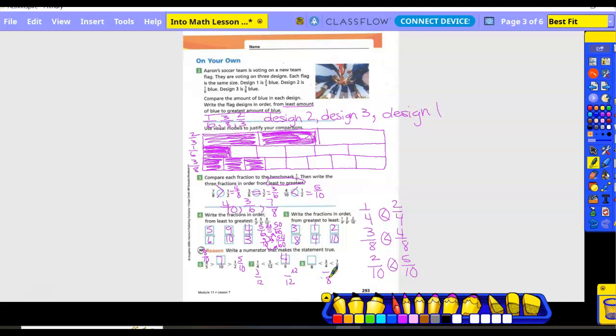So 3 times 2 is 6. Okay, so it has to be less than 6/8. So what can I put? I could do 1, 2, 3, 4, 5, right? I can do any of those numbers. You pick which one you like. I'm gonna say 5.